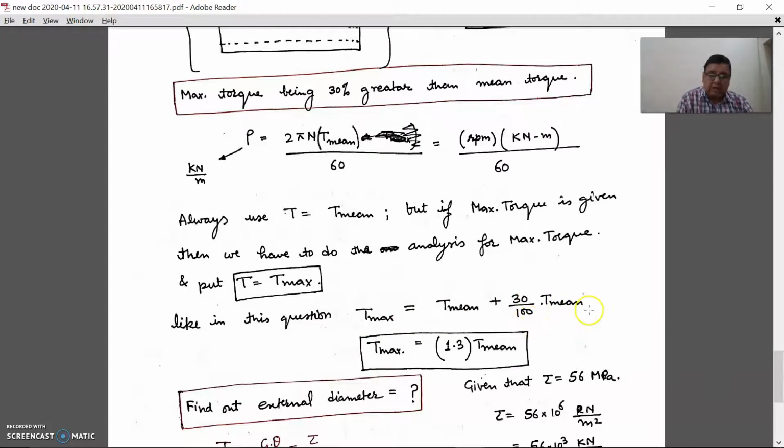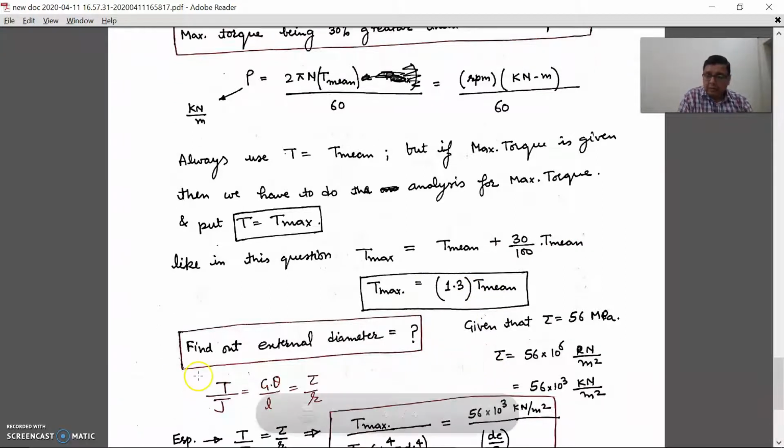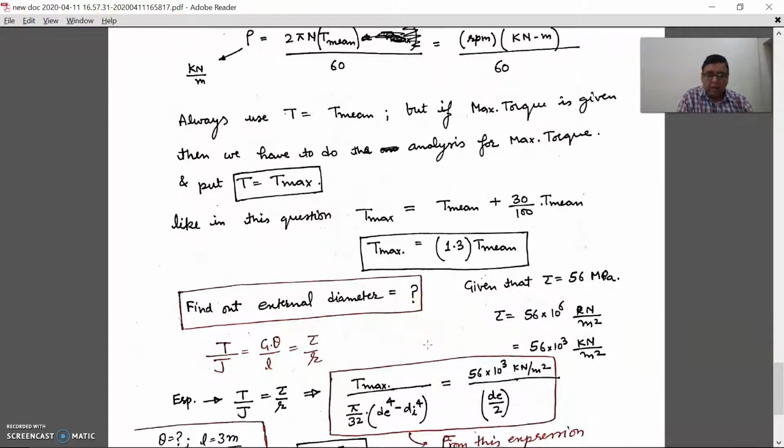or T max is equal to 1.3 of T mean, and then you have to find out the external diameter.